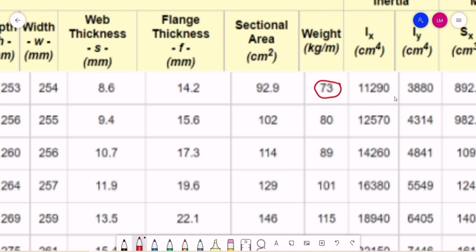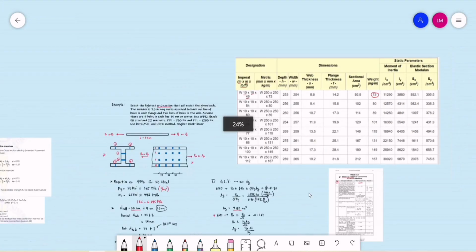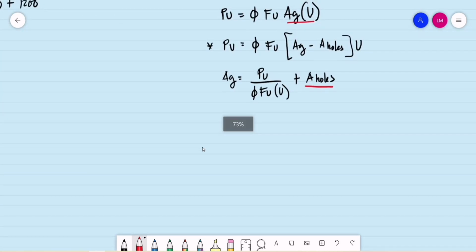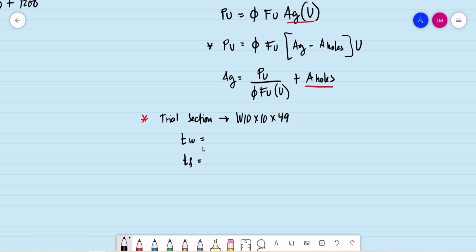So we can have it as our trial section. Our trial section will be the W10 by 49. We need its properties, the thickness of its web and the thickness of its flange.